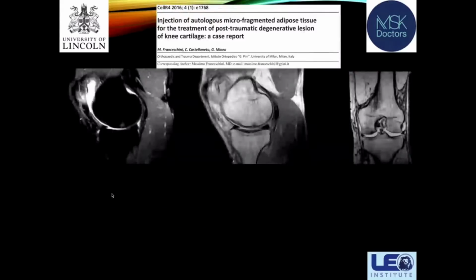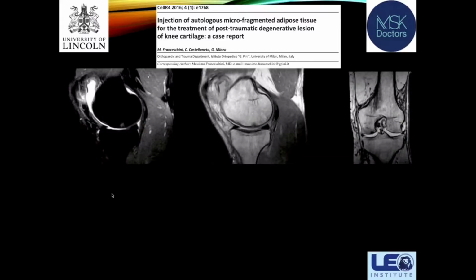So let's look at the literature and see what it says about fat cell treatment and fat cell injection. This is one of the papers published by my Italian colleague. It is just a single case series of MRI scans showing the cross section here.